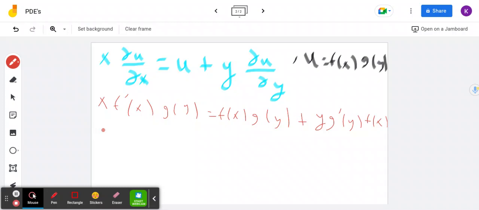So what we get is x times f prime of x over f of x equals, and then we divide by g of y on both sides, so it becomes 1 because we're dividing by f of x times g of y, plus, the f of x cancels out, y times g prime of y over g of y.